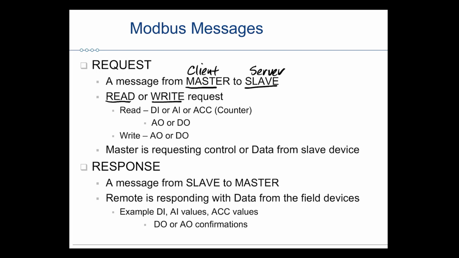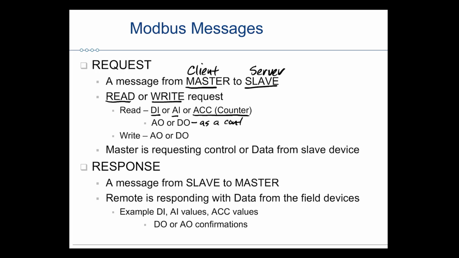So if we're going to read, we're going to read things like a DI, an AI, or a counter. We're going to read a value of a breaker status. We're going to read a value of a current or voltage as an analog, or we're going to read the number of times a breaker tripped, a valve closed, a gate opened, a door opened, whatever. Or we want to read an AO or DO as a confirmation.